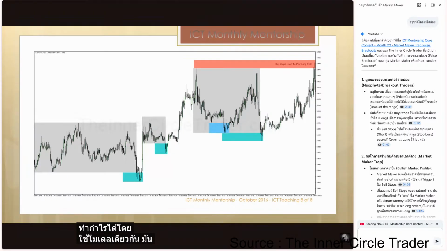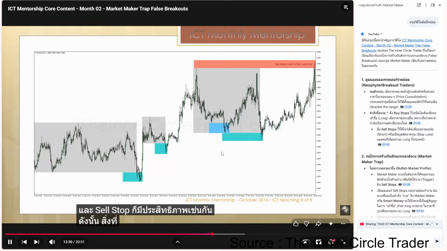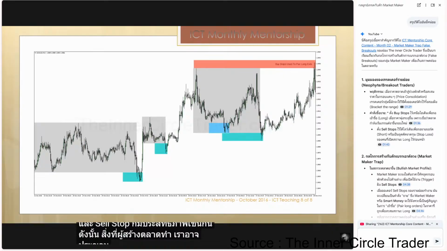It answers all of the problems as it relates to trading, but specifically it offers the answer to liquidity providing. Buy stops are activated and they're actually given the ability to be effective, and sell stops are the same way. So what the market makers do, we can vilify them.